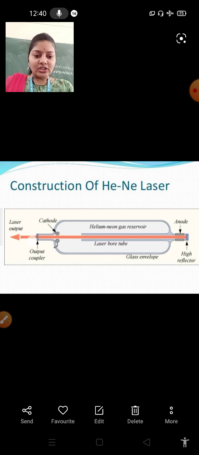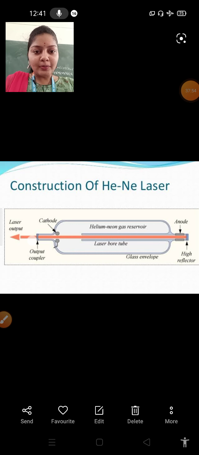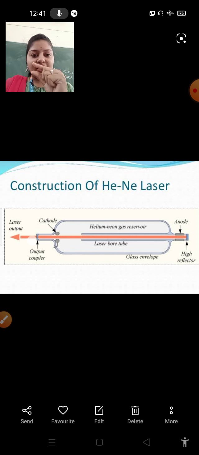The entire discharge tube, the gas mixture, is surrounded by a glass window, and inside the gas mixture there is a pressure in the ratio 10:1. This is the simplified construction of the helium neon laser.